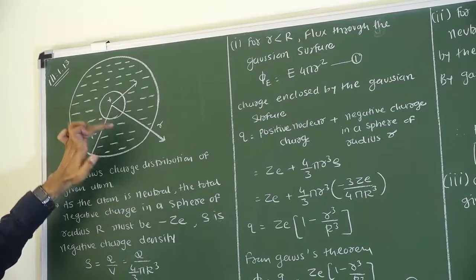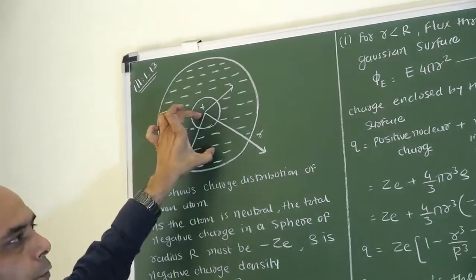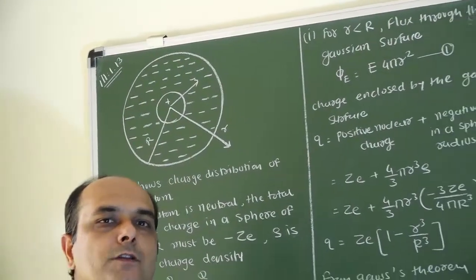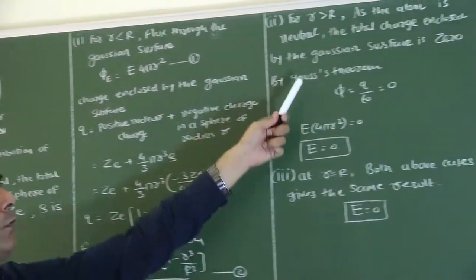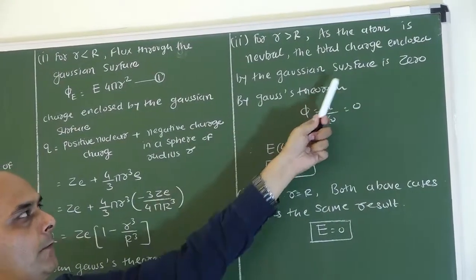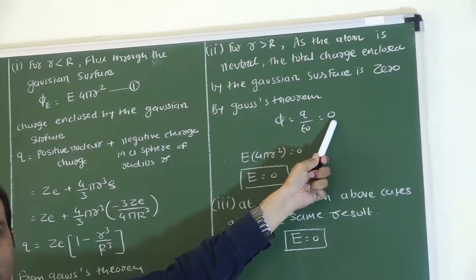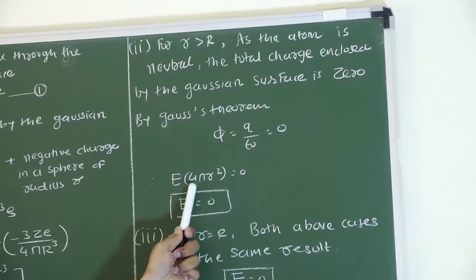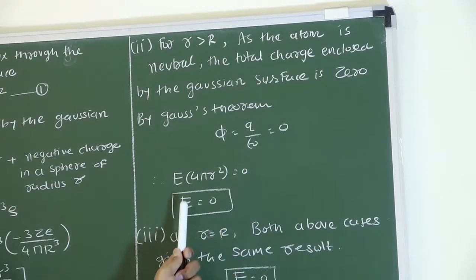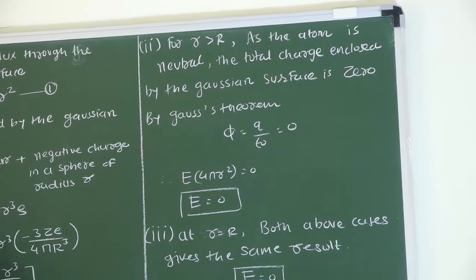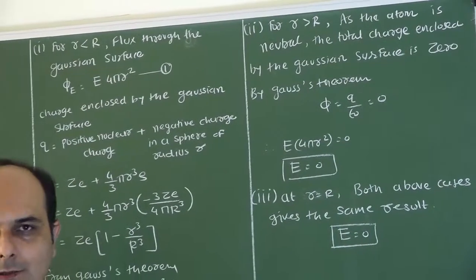The numbers of positive and negative charges are the same, therefore the total charge enclosed is 0. From the Gauss theorem, phi equals Q by epsilon 0, which is also 0. Therefore E into 4 pi r square is equal to 0, so E is 0. Therefore, outside the sphere, the electric field is 0.